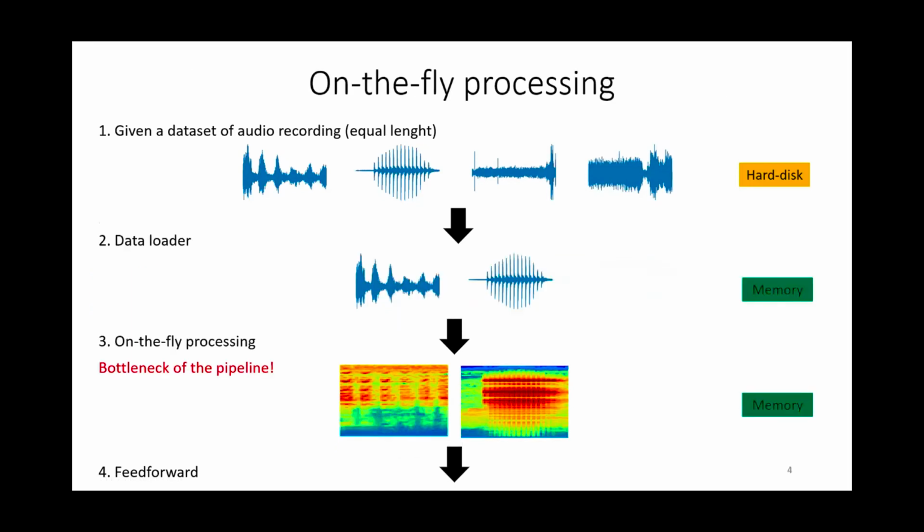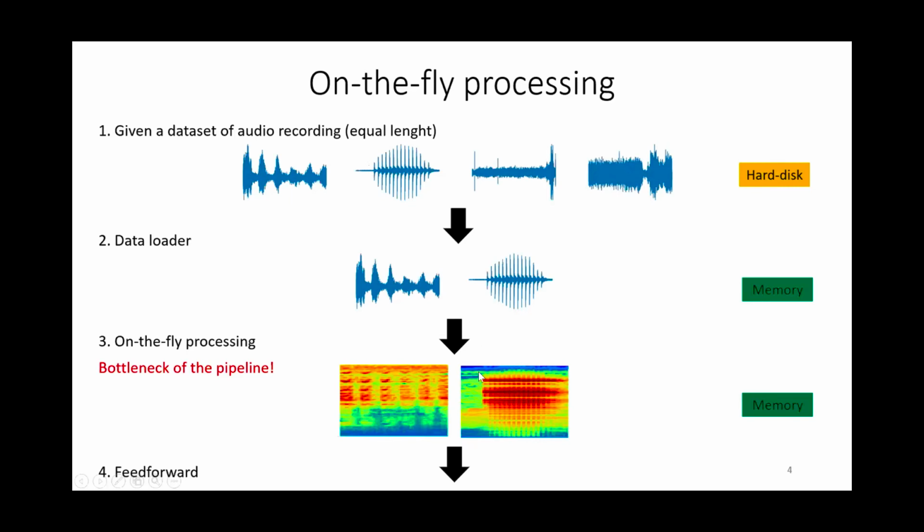Therefore, we can solve this problem by using the on-the-fly processing. Instead of processing the data beforehand, we load the waveform first, and then we convert the waveform into spectrogram on the fly. So it happens on the memory. The problem for this approach is that if we have a really slow waveform to spectrogram conversion, then this step will become the bottleneck of the whole pipeline.